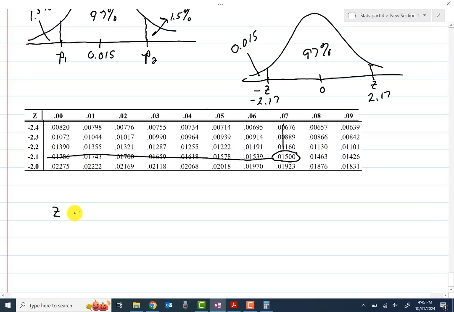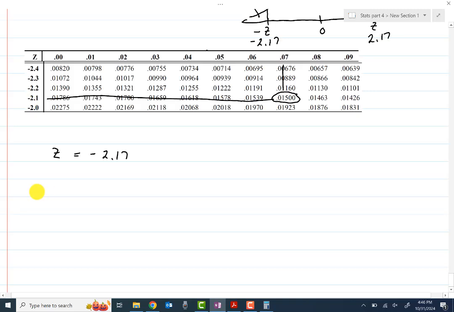So we have Z equals negative 2.17. Z equals P prime minus P, divided by the square root of P prime times 1 minus P prime over n.